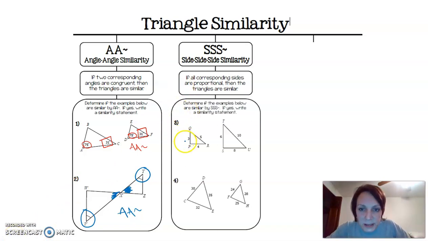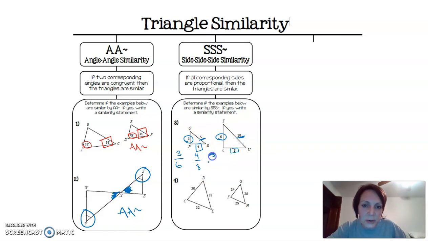Okay, so in this example, I have a side here that's 3 and a side here that's 6. So I have one ratio of 3/6. I have a side pair here that's 4 and a side pair here that's 8. So I have another ratio, 4/8. And I have a side that's 5 and a side that's 10.